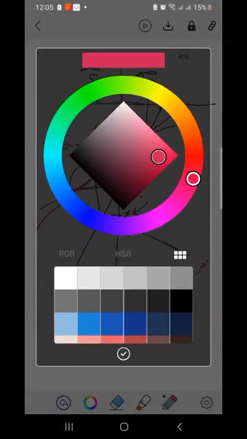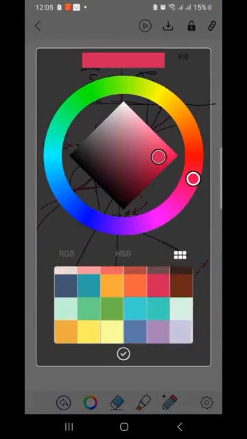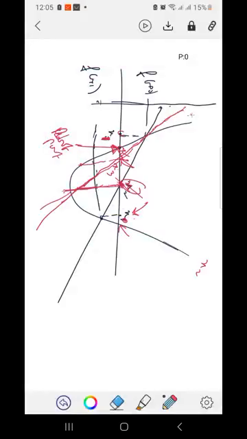Let me pick another color to represent x4. I'm running out of colors, but then yeah. So that one comes like this. You can see it's closer. Its own root will be closer to x1.